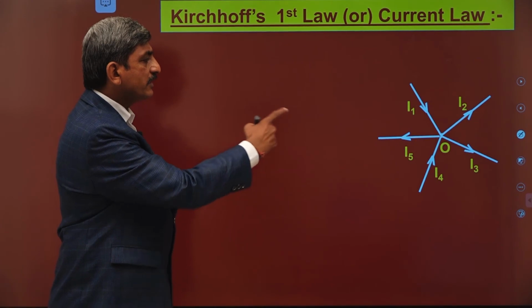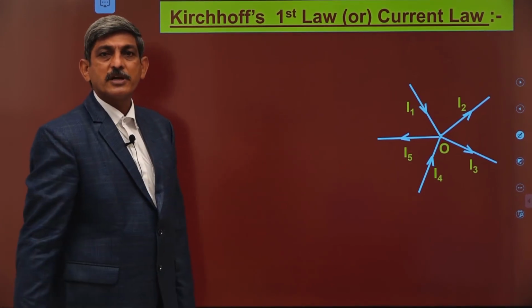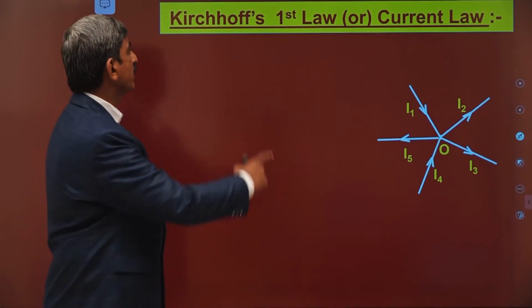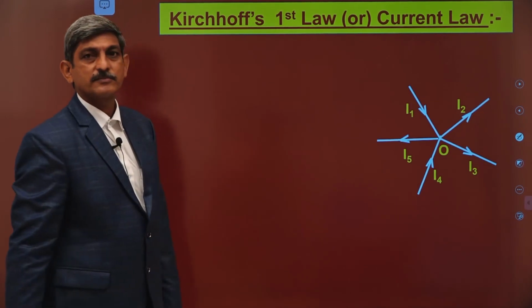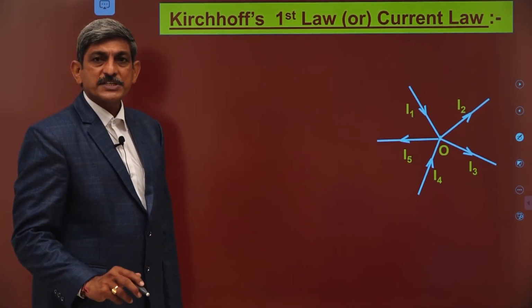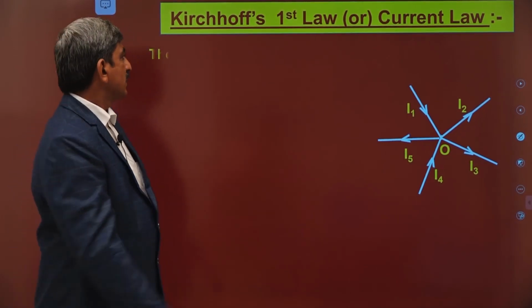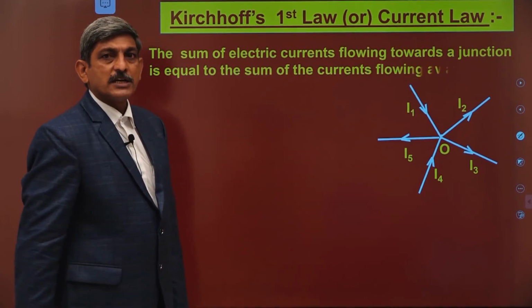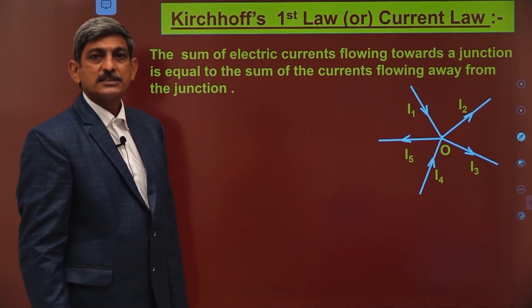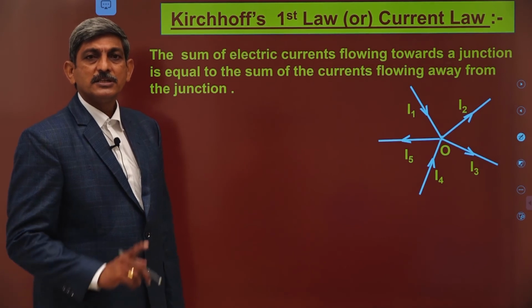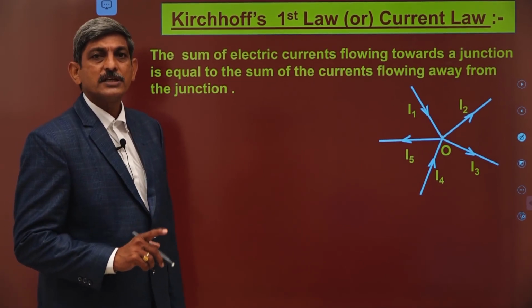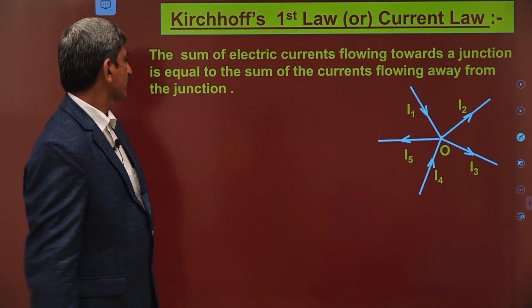The relation between the currents passing through the various branches meeting at a point is explained by Kirchhoff's first law. It states that the sum of the electrical currents flowing towards a junction is always equal to the sum of the electrical currents flowing away from the junction.